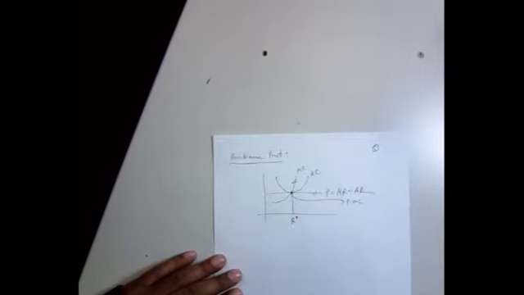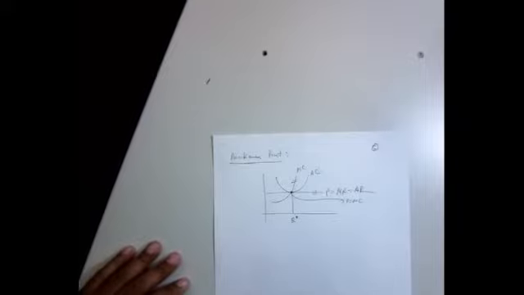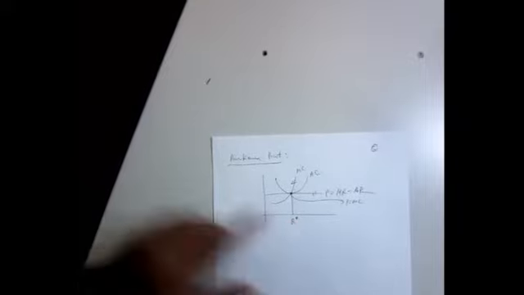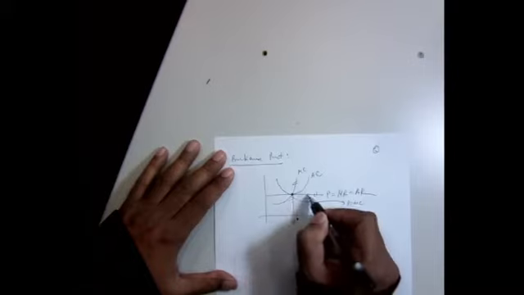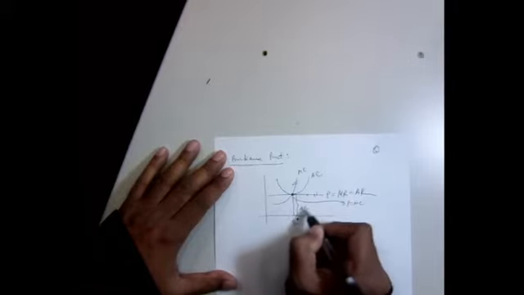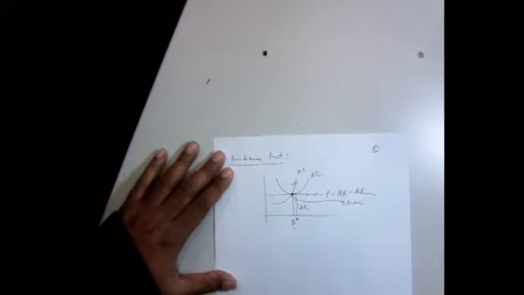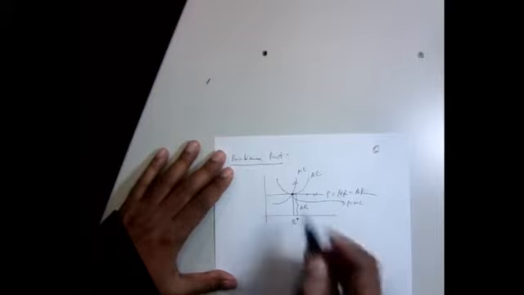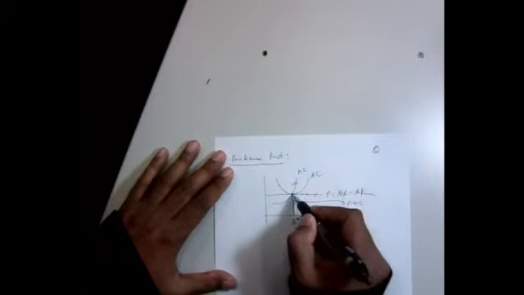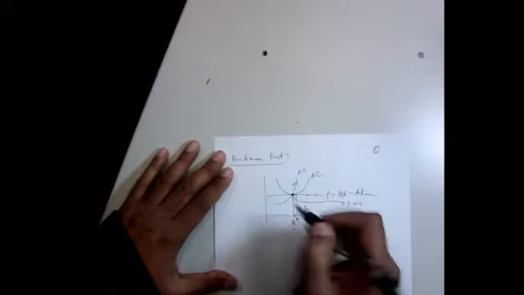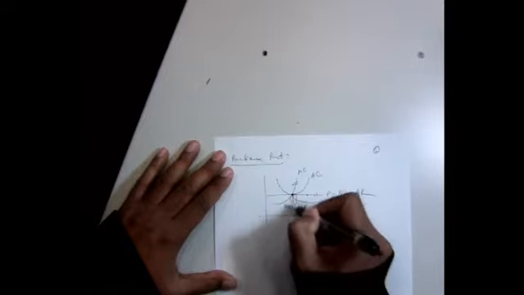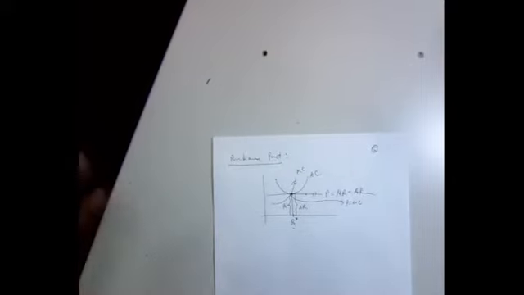Step 1 has completed. Step 2, find out the average revenue and average cost at Q star. So at Q star, this is your average revenue, so this will be your average revenue line. Average revenue, sorry. And what is average cost? It will be exactly the same, because this point belongs to Q star, right? Corresponding. So your average revenue and average cost is the same. So what is the difference between these two?